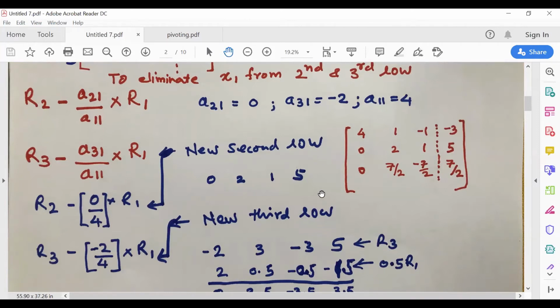Can someone answer? Ma'am, it is not required now, I guess. Why? Because we already have a higher number in the diagonal, the main axis.